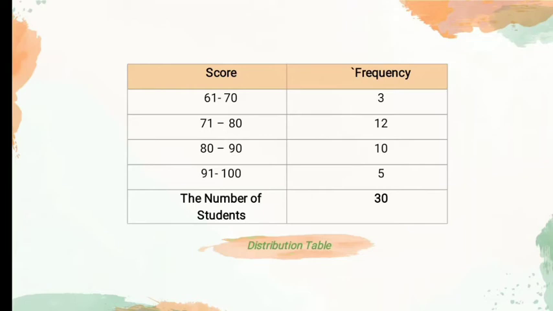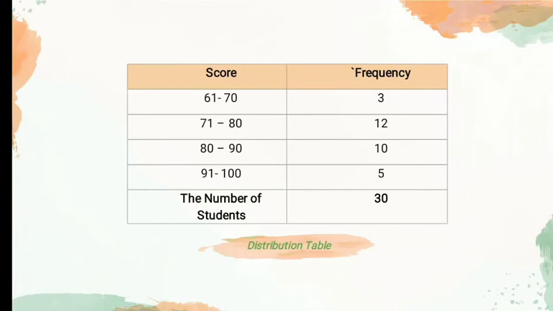In fact, you can present the data in a row and column table. However, it will be simpler if you make it in the frequency distribution table. The frequency indicates the number of students who get a mathematics score according to their respective interval.